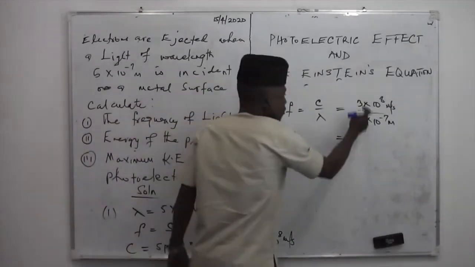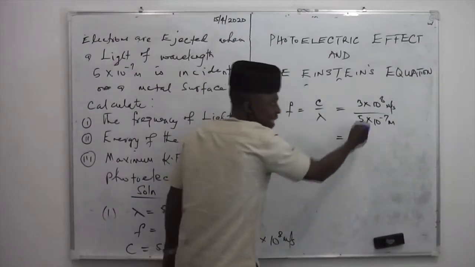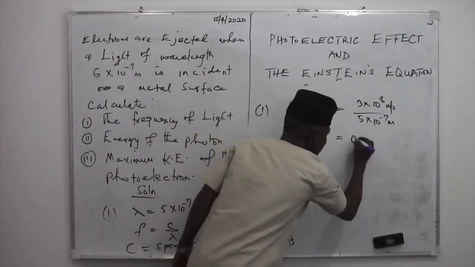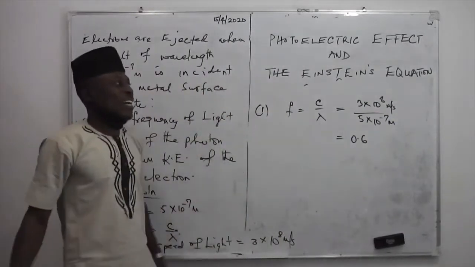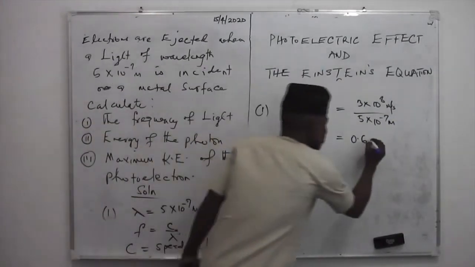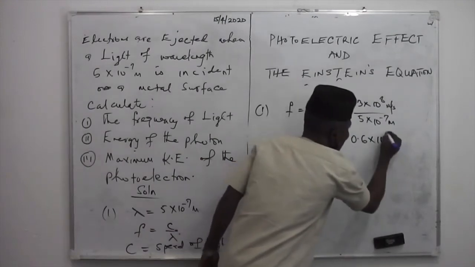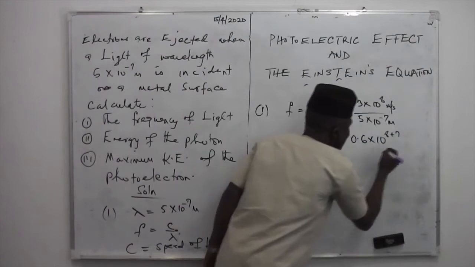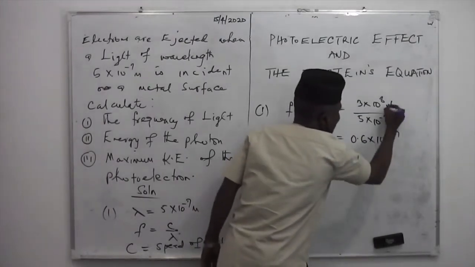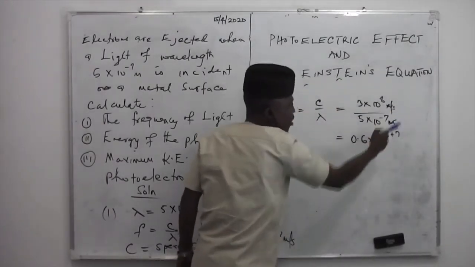If you divide 3 by 5, which are the main numbers here, you have 0.6. Then dividing 10 raised to 8 by 10 raised to minus 7 is simple mathematics: 8 minus minus 7 becomes plus 7... the exponent becomes 15. The meters cancel out each other.